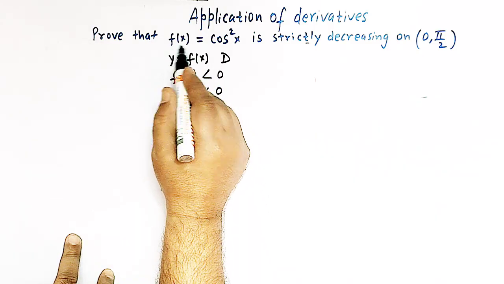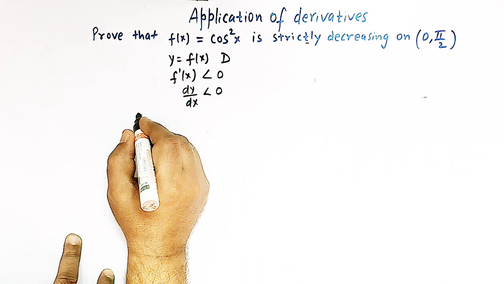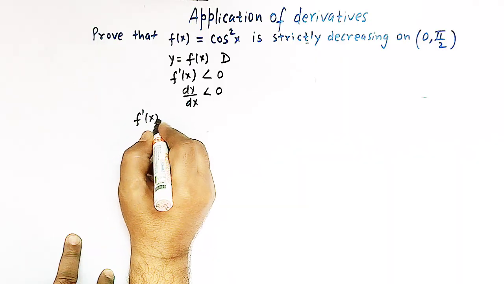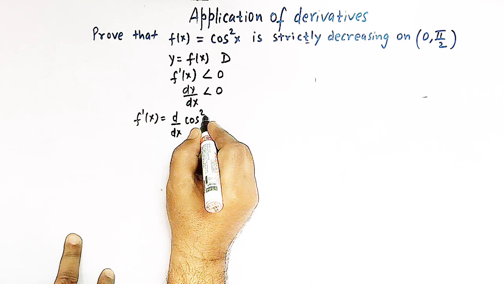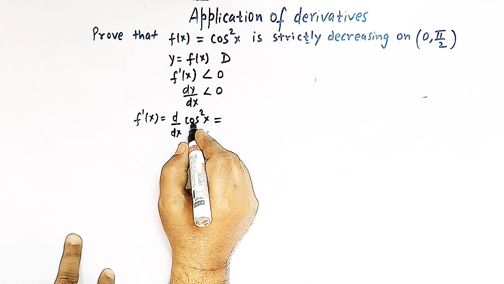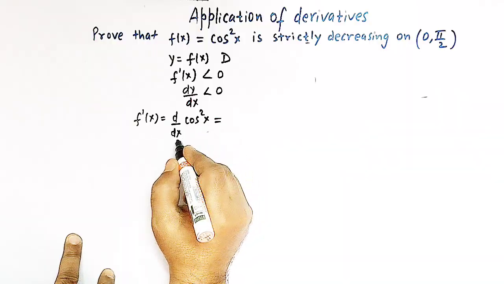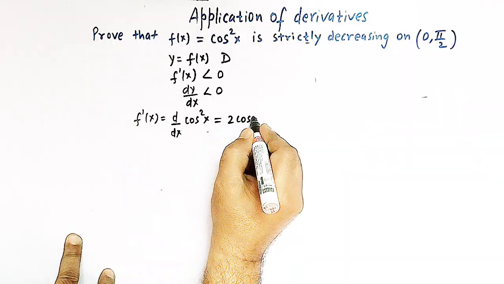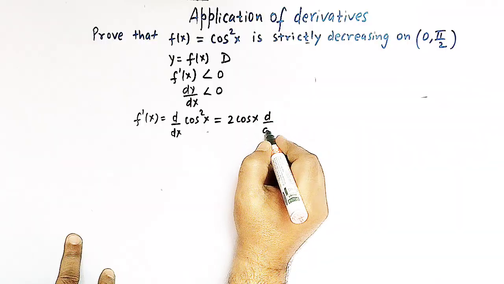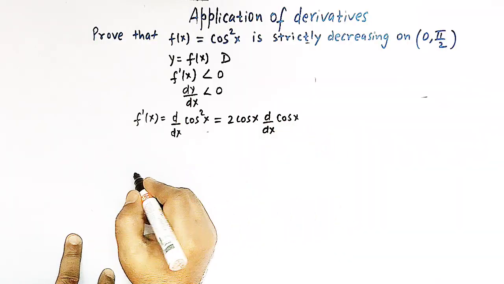So here first we have to find out the derivative of this function. Now f prime of x is given by dy dx of cos square x, and here the derivative of cos square x with respect to cos x is 2 cos x, and then by chain rule we have to differentiate cos x with respect to x.